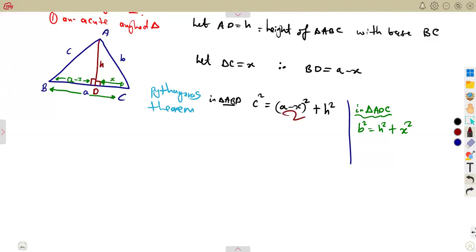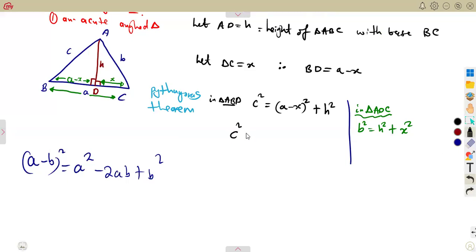Remember from grade 9, when you expanded the bracket A minus B squared, it is the first squared, minus 2AB, plus B squared. It is the same situation with A minus X squared.